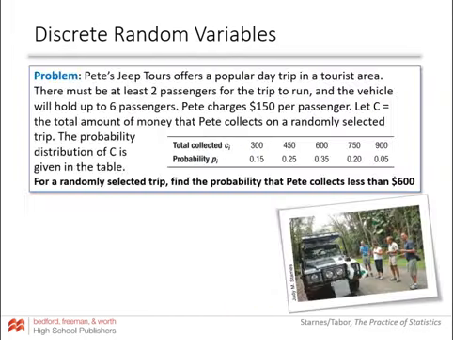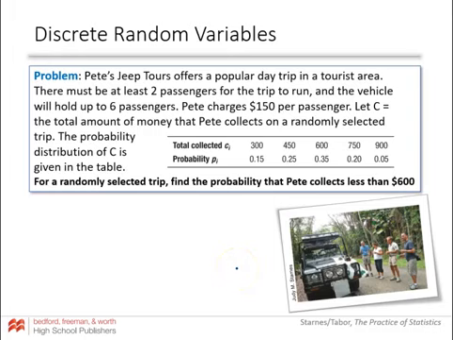Let's look at an example. Here we have Pete's Jeep tours. These are the amounts of money that Pete can collect. Because his car is limited, he can only collect these amounts of money, and these are the probability that each of those amounts happens.